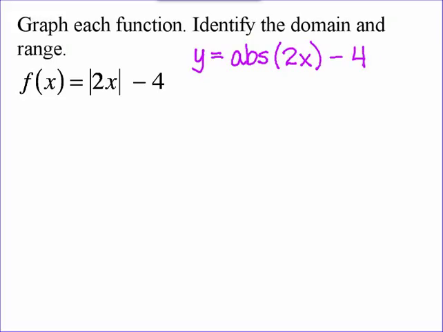On the x-axis I want you to go from -5 to +5. I also want you to go on the y-axis from -5 to +5. So change your graphics view: x from -5 to +5, y from -5 to +5.